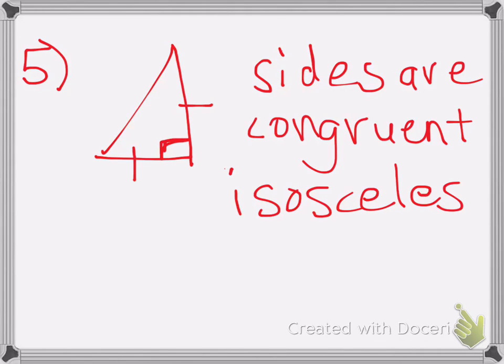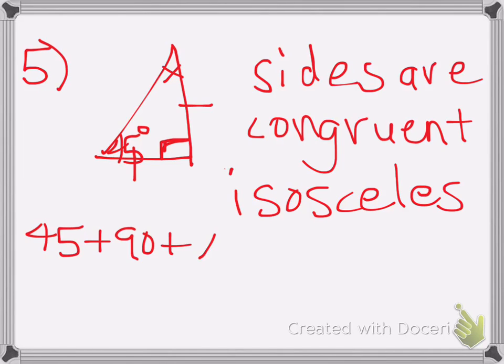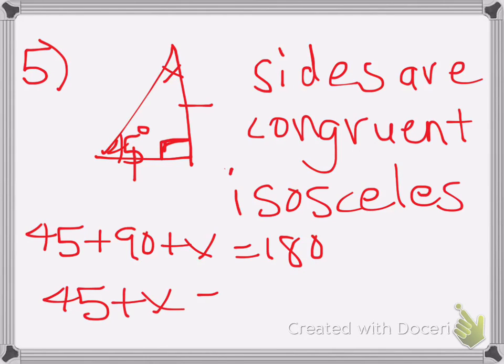This lesson also wants you to look at the types of triangles, but we'll do that on another slide. This tells you that this angle is 45, and it's asking you for that angle. There's two different ways. You can either say 45 plus 90 plus x equals 180, like we did on 1 and 2, or you can say 45 plus x equals 90. But when you solve either one of those, x is 45 degrees.